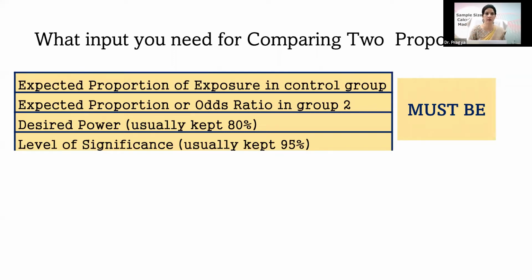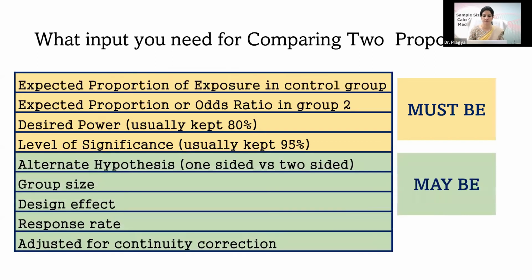Then desired power, we usually keep at 80%. Level of significance, by mistake, is written as 95; it is 5% actually. The other things, like a one-sided hypothesis, changing the group size, meaning the ratio of control and cases, a design effect, adjusting for response rate or for continuity correction like we did in the first session, are all optional.